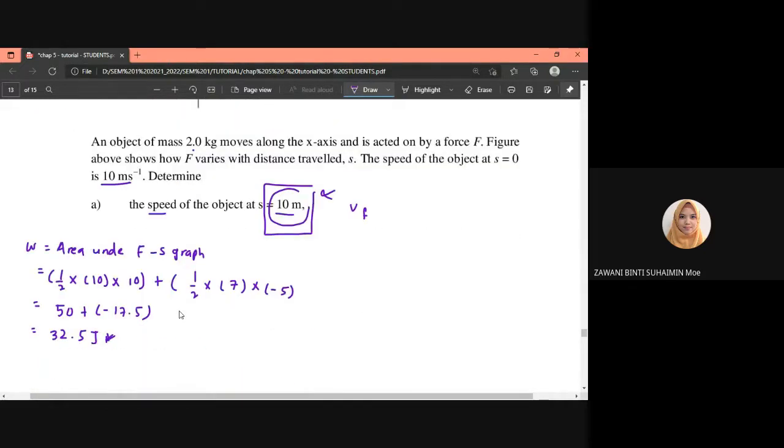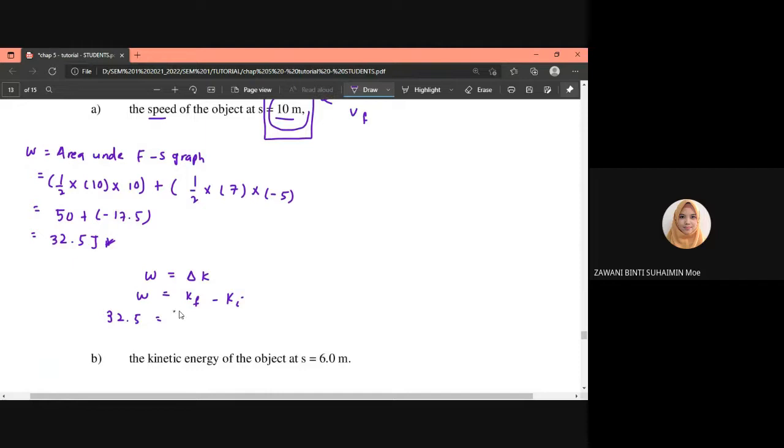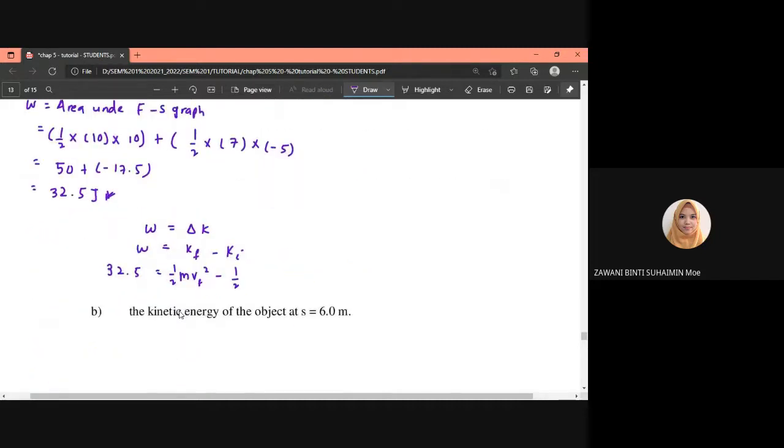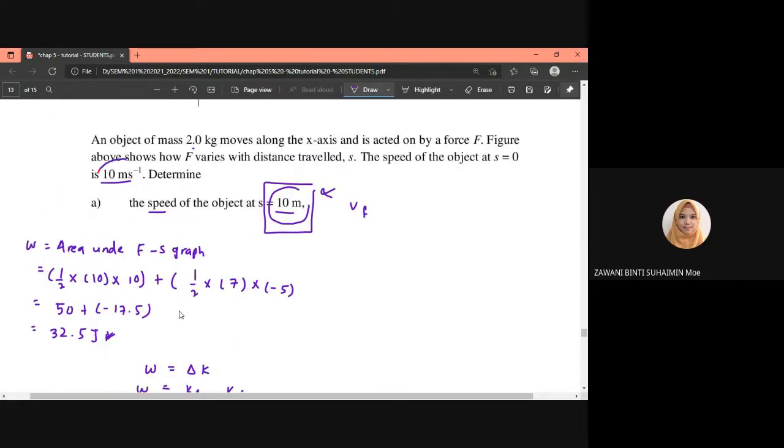Okay. So, K final minus 1/2 mass dah diberi kan, iaitu 2 kg. Oh, tadi mass pun kita boleh masuk siap-siap lah. Okay, so ini 2. So initial velocity pun dah diberi, okay, iaitu 10 meter per second.